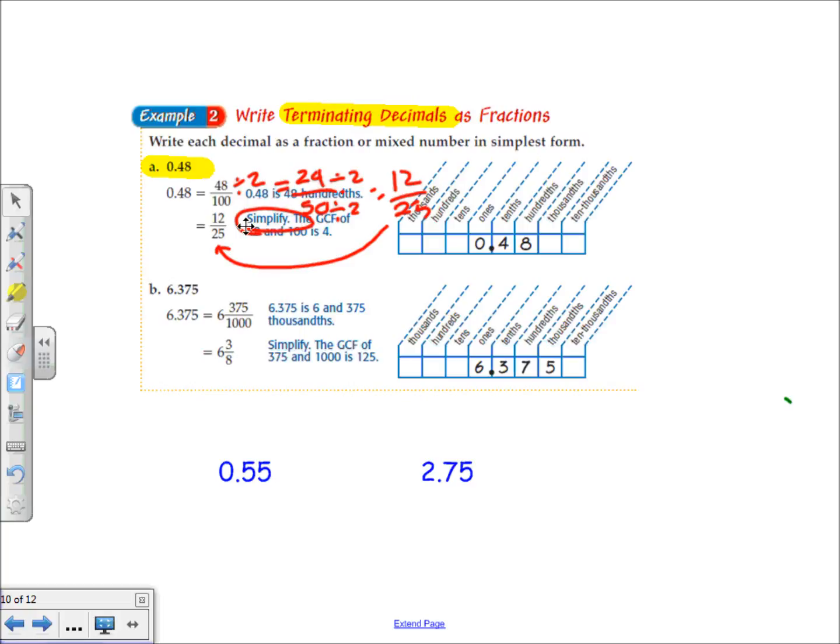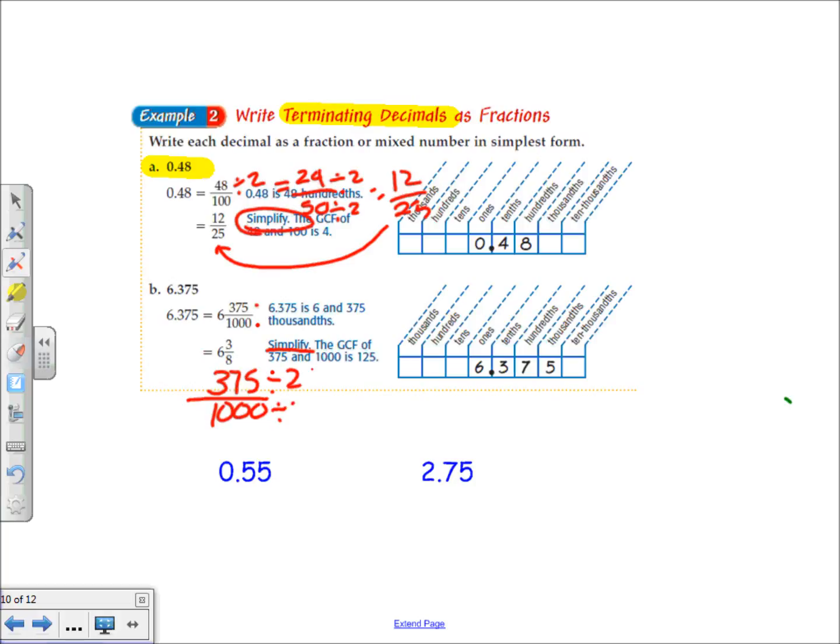6.375. 6 and 375 thousandths. Listen to what you're saying. 375 thousandths. So 375 is our numerator, and thousandths is our denominator. Again, you'll have to simplify this, and you take this 375 over 1,000, and you keep dividing it until you can't divide anymore.